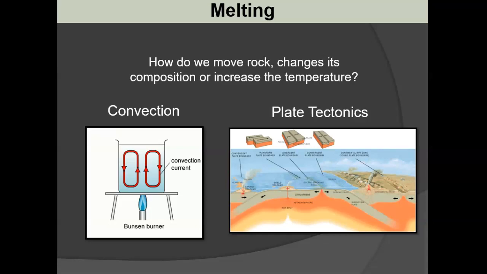Near the heat source, the water there is hotter than the water at the surface of my container, and so that water is less dense. So it starts to rise because it's less dense than the colder stuff above it. As it rises up toward the surface, it pushes the cold stuff out of the way, which then sinks, gets hot, and the cycle repeats, and you get these little cells here that migrate in this pattern here.